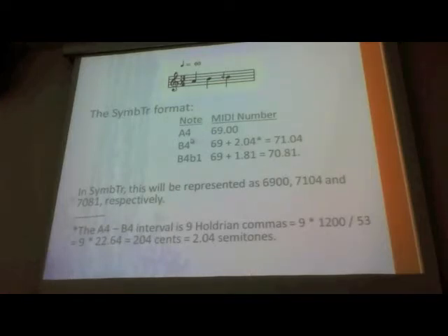So we write its value as 71 or 0.04, and similar computation can be done, and we can compute this value. When we are writing in the database, we multiply the values by 100.